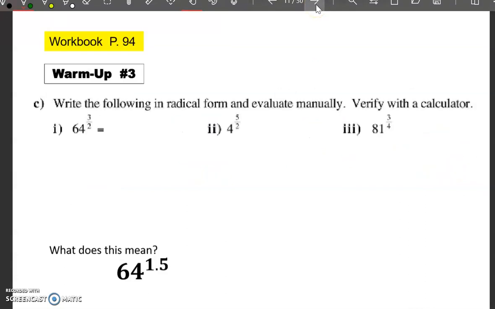So on page 94, on the warm-up exercise, we are again looking at part C of it. Here we're actually going to be able to evaluate this. So we have 64, that will become our radicand, 2 becomes our index, and then I will do the cube of it later. So remember, if I put this 3 inside, I would first have to cube my 64.